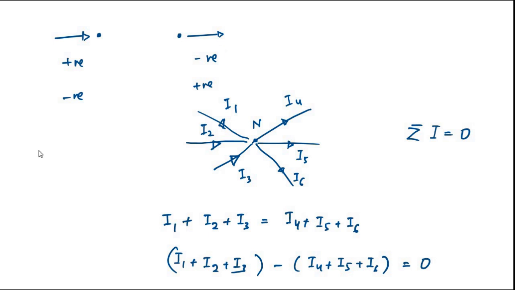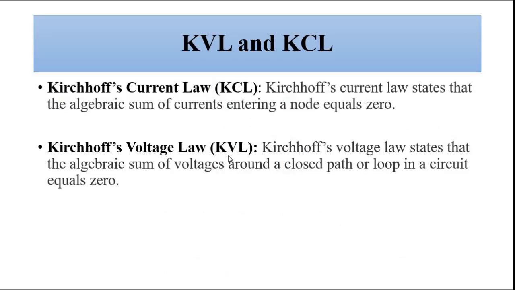So this is KCL, and KVL is the same thing for voltage, that is the algebraic sum of voltages or voltage drops around any closed path or loop in a circuit is equal to 0.